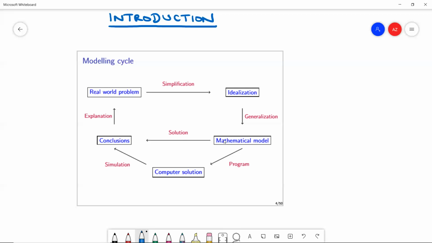Most of the time we won't be able to solve our problem directly because it involves too much data and too many parameters, and we will have to use mathematical programs which will calculate approximate solutions for us. So we will write a program and then do a simulation with the computer.